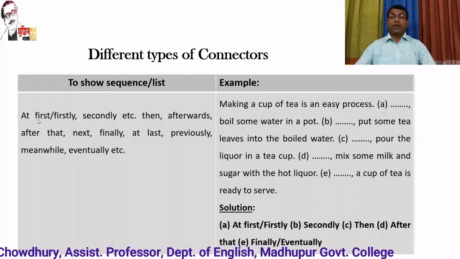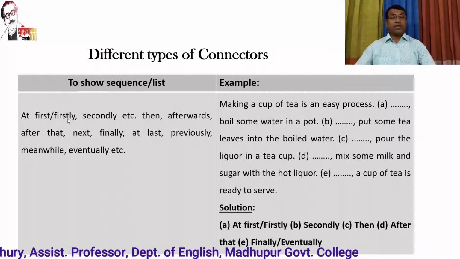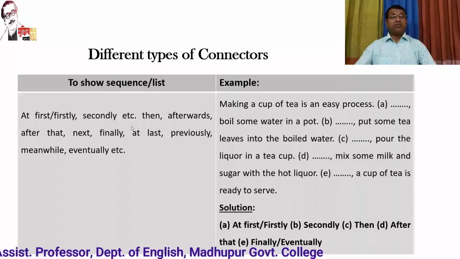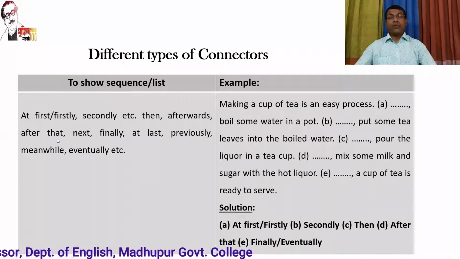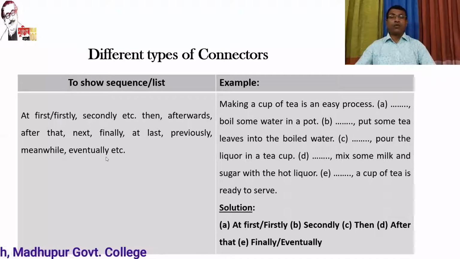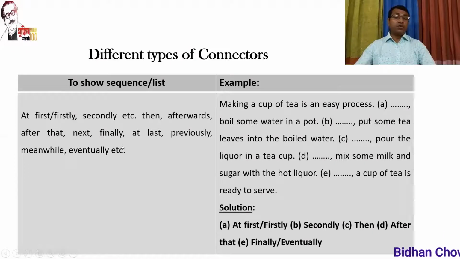You can see here at first or firstly, secondly, thirdly, fourthly, etc. Then, afterwards, after that, next, finally, at last, previously, meanwhile, eventually, etc. There are many other connectors that can also be used to show sequence or list. So, my dear students, these are the connectors we generally use to show sequence or to make a list.